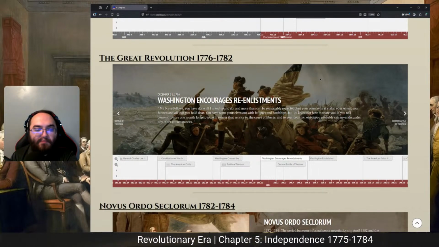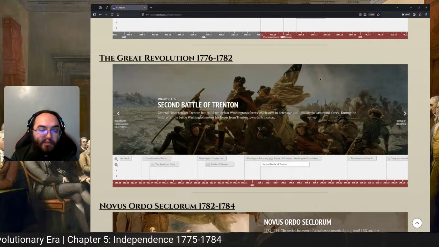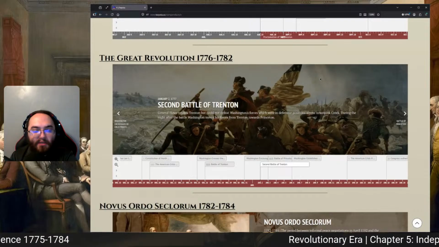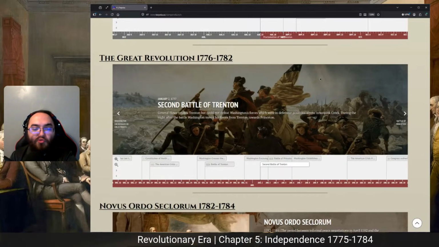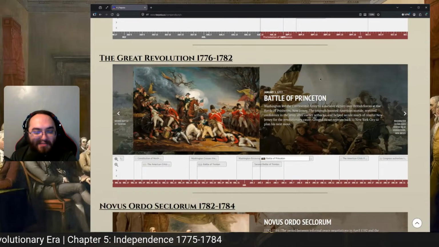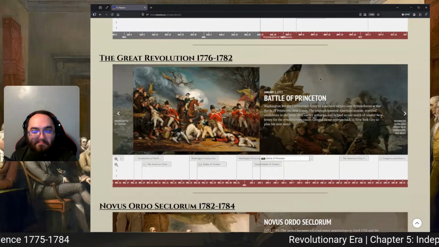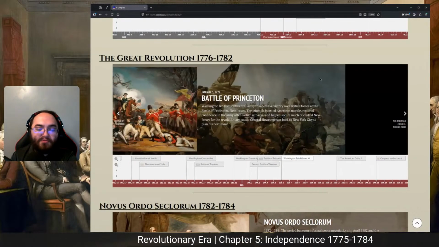In December of 1776, the Second Battle of Trenton, where Howe retakes Trenton, but could not defeat Washington's forces. During the night after the battle, Washington moves his forces from Trenton to Princeton, and then Washington wins at the Battle of Princeton. So there's two battles of Trenton, and then the Battle of Princeton. And Washington wins two of those.